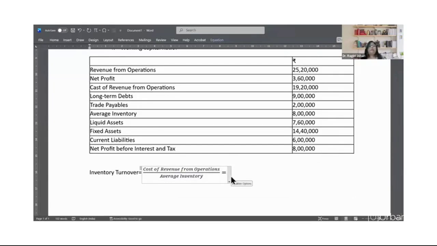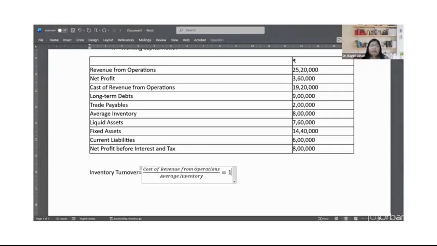Now, sometimes instead of average inventory, we are given the opening inventory and the closing inventory. Then we have to find out the average inventory using the two, that is opening inventory and closing inventory, and in between, if there have been some purchases, then those are also averaged out. So let us find out this ratio over here.